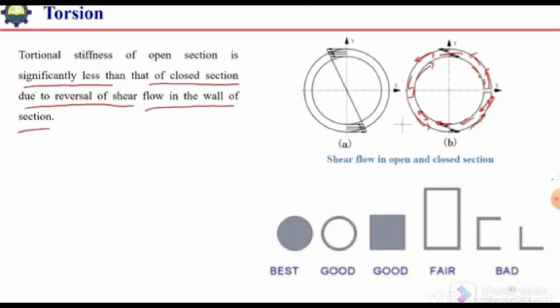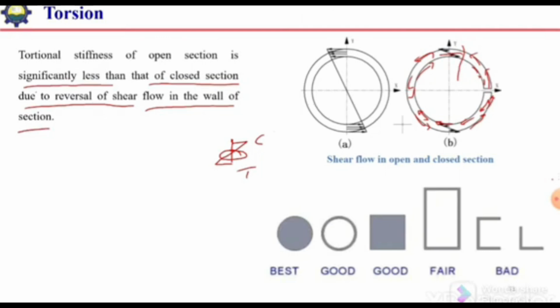At any section, if we cut a section over here, the stresses in the wall will be like this, just like the flexural stresses. On one side there will be compression, and on the other side there will be tension, and at the center there will be some material where the stress is zero. As a result, the full thickness of the member will not be utilized, the full material strength will not be utilized to resist the shear forces or the torsion.